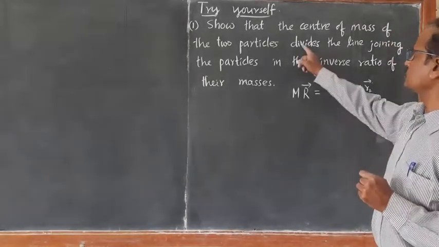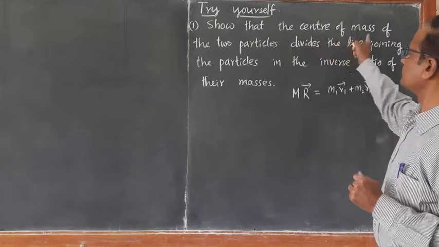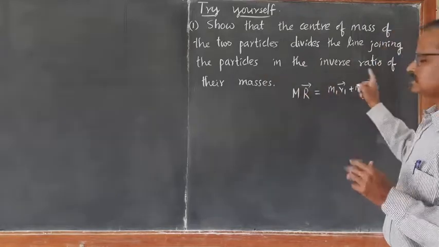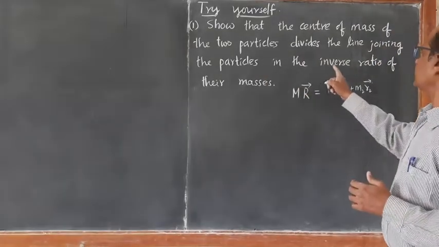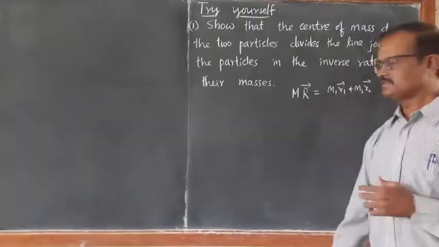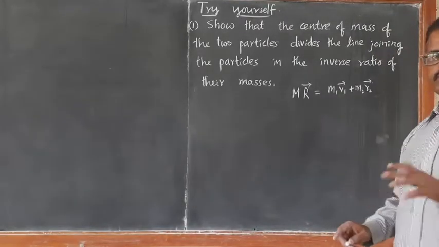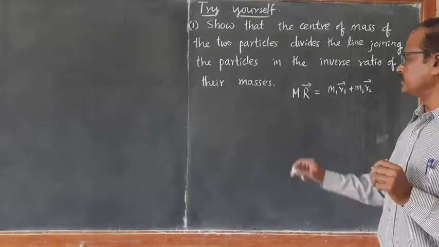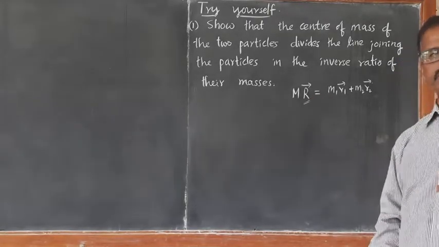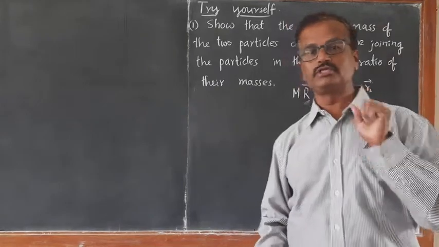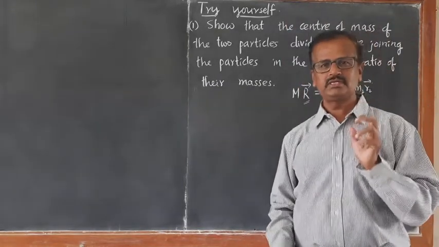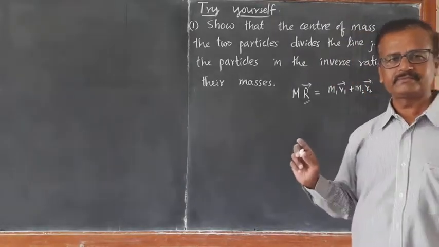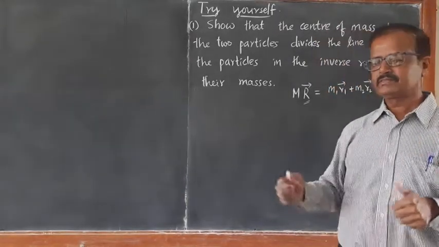Now you are asked to prove that the center of mass of the two particle system divides the line joining the two particles, draw the diagram, in the inverse ratio of their masses. m1 by m2 must be equal to r2 by r1. This is what you are supposed to prove. I can give you a hint. Choose the position vector of the center of mass as the origin. You will get the result.